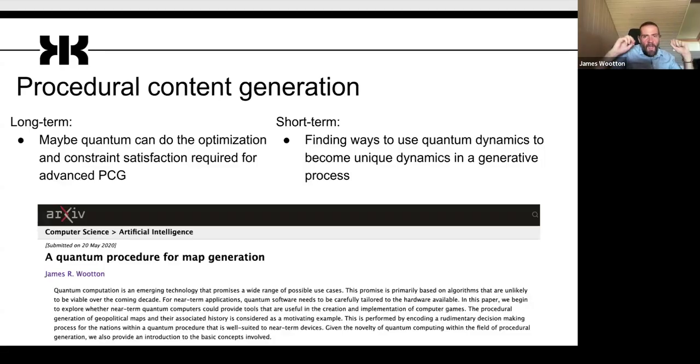They are just going to be a bunch of qubits interacting according to quantum dynamics. So in the short term, can we find ways to use that as part of a generative process? And that is what my work in 2020 was about, when I used it for map generation.